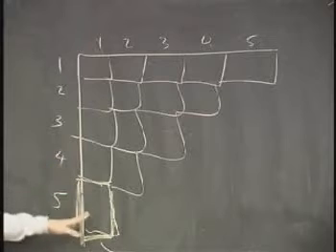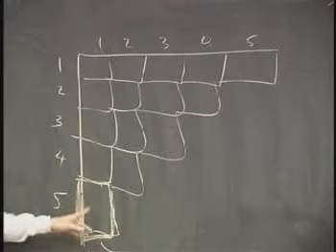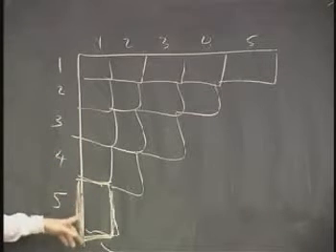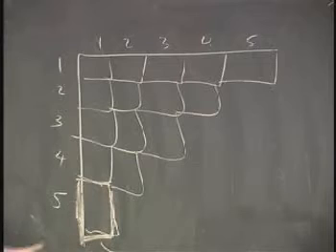This box will have the answer. It won't say yes or no, but here's what it'll say. In this box is going to be a list of all the capital letters in this grammar which have any chance of generating this string.